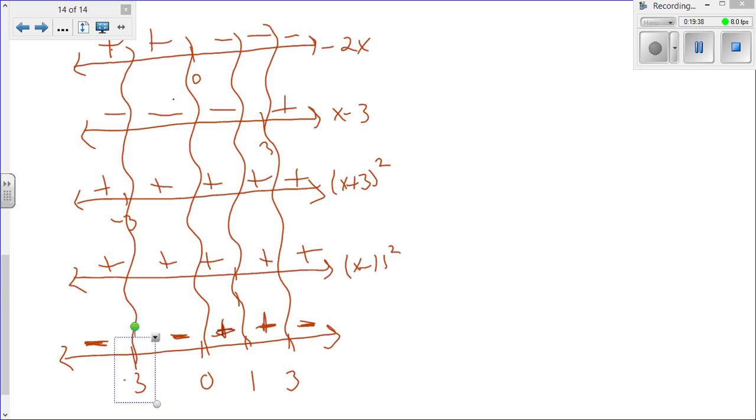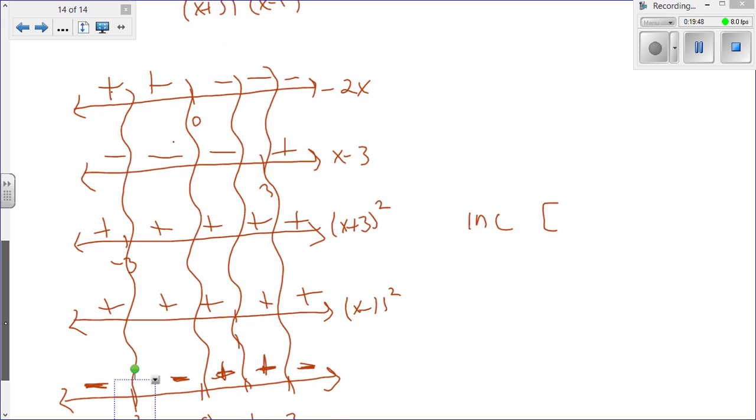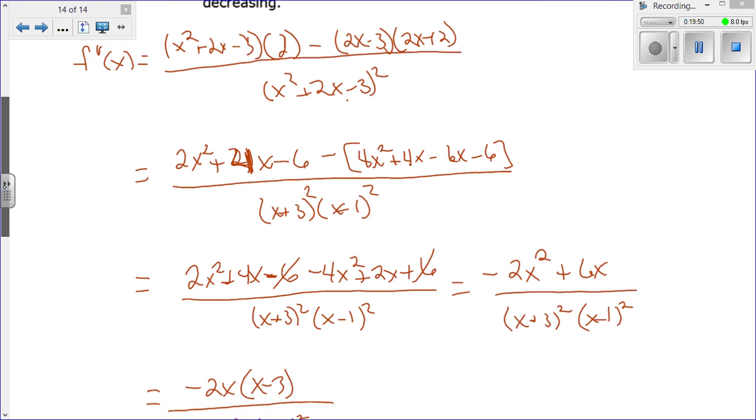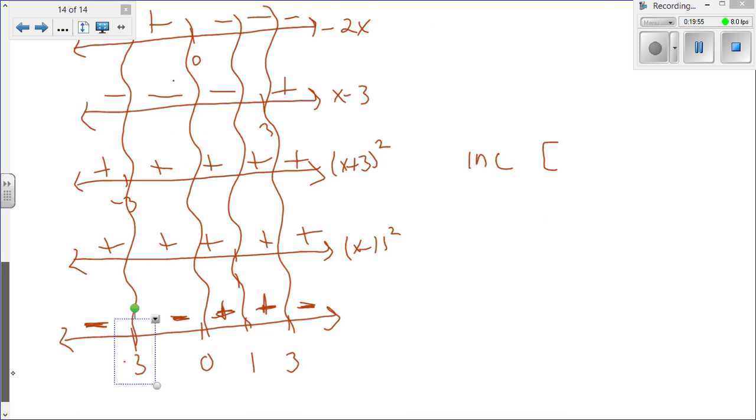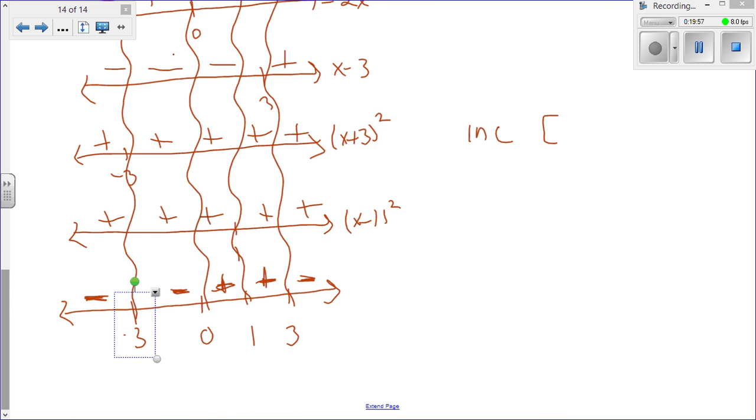So I am increasing from, let's see here, we cannot include 1 and we cannot include negative 3 because the function is undefined at those values, because that's where my zeros would be in my denominator.